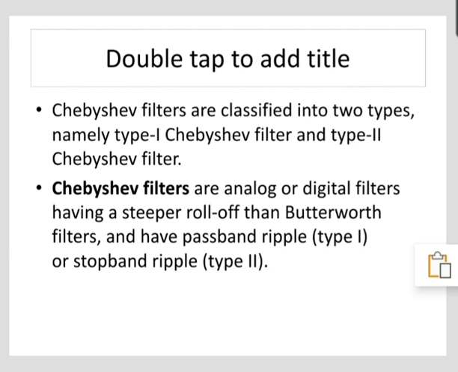These filters are nothing but analog or digital filters. So these filters have a steeper roll off than the Butterworth filter, with type 1 or type 2. The property of this filter is that it reduces the error between the characteristic of the actual and idealized filter.